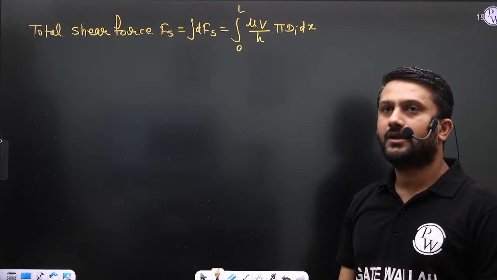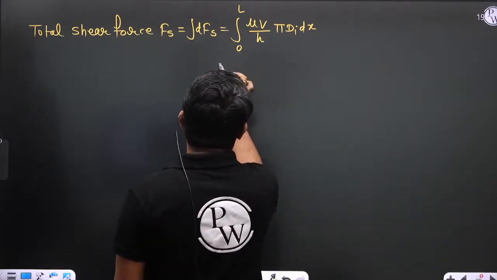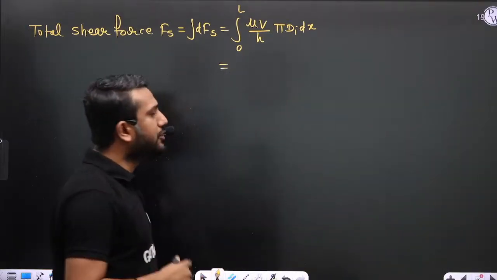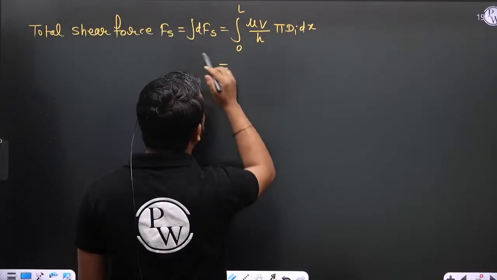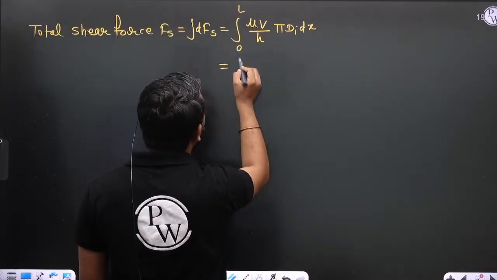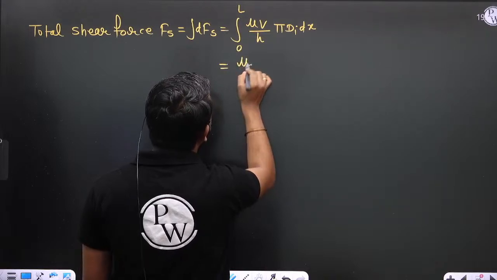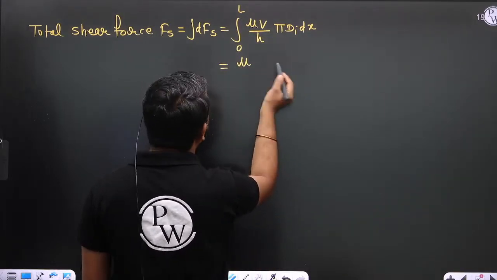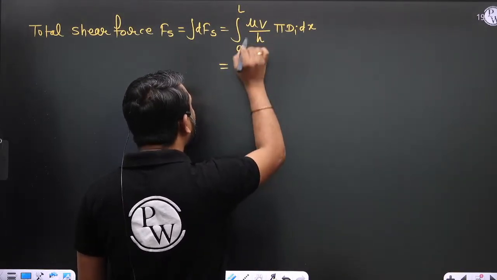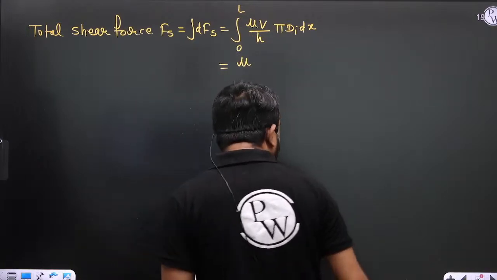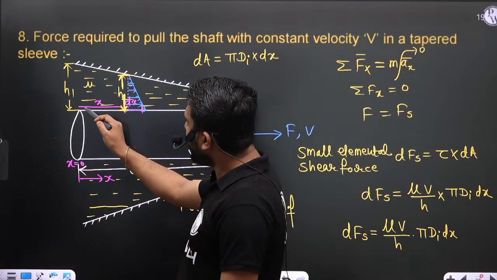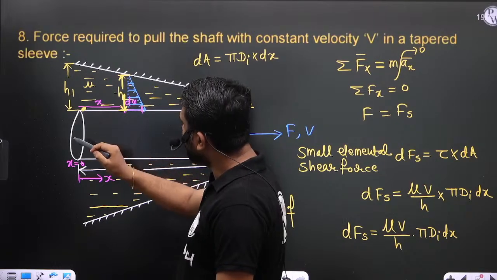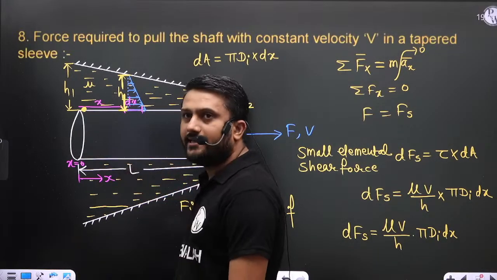Very good. Now, mu is constant, mu is not a function of x, so take mu outside the integration. H is a function of x. V is not a function of x. What is the velocity at the surface of the shaft?